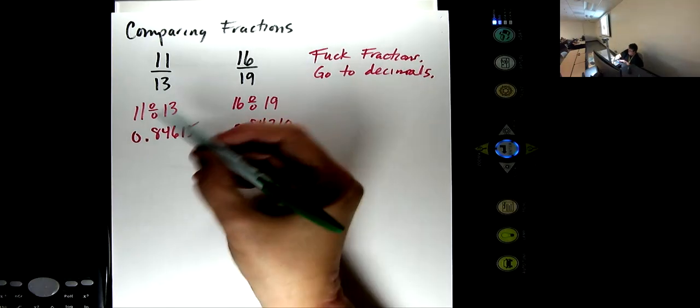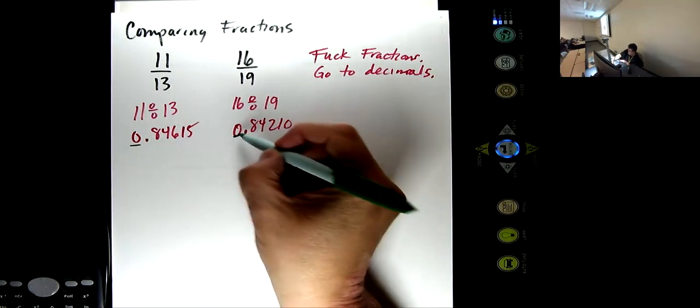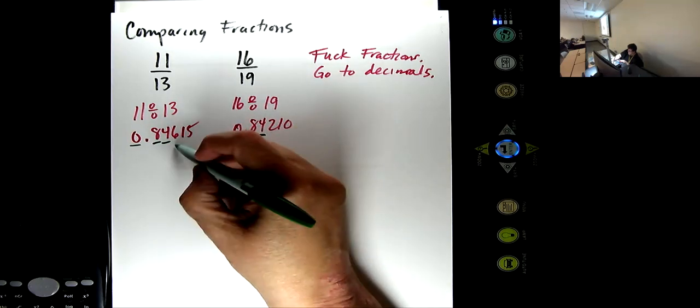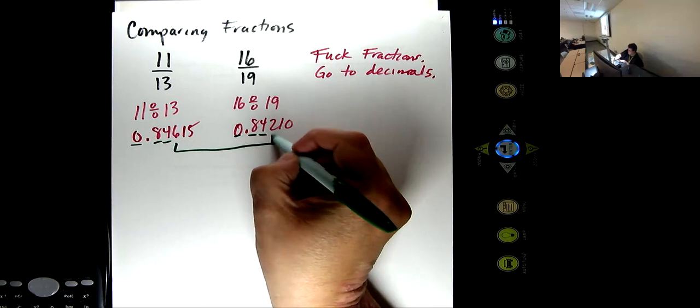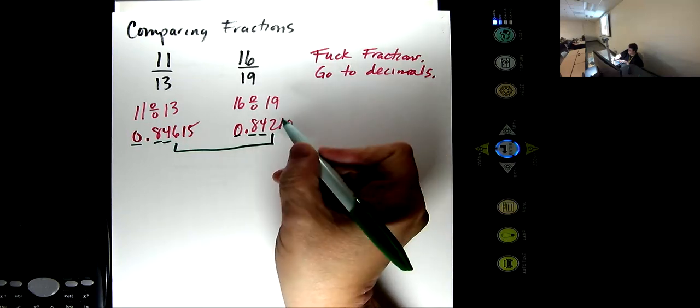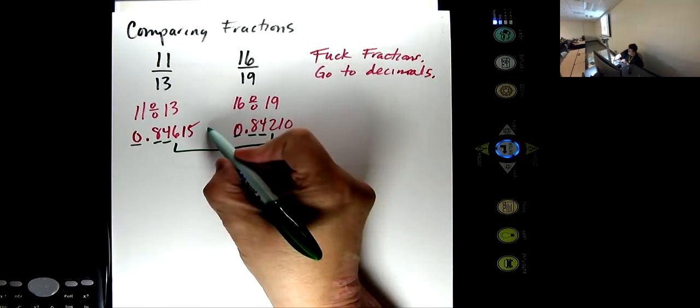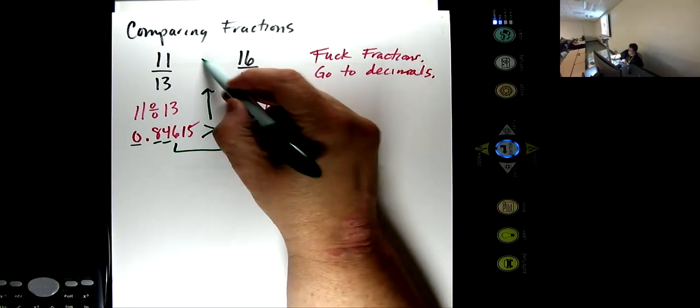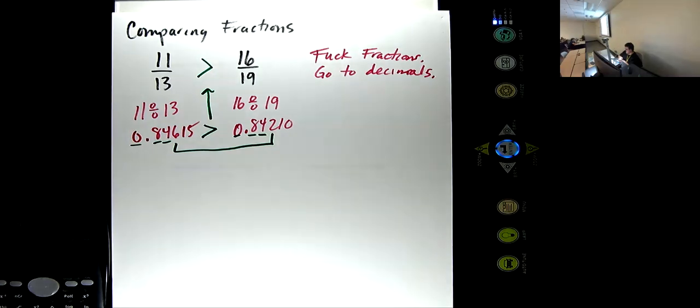I got a high degree of match there, don't I? The zeros match up, the 8s match up, the 4s match up. We get to the third decimal place, and we've got 6 versus 2, which means the number on the left is bigger, which means we go up to the fractions, and 11 over 13 is bigger than 16 over 19.